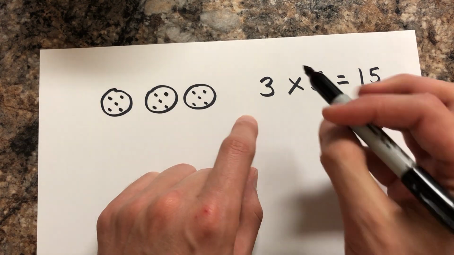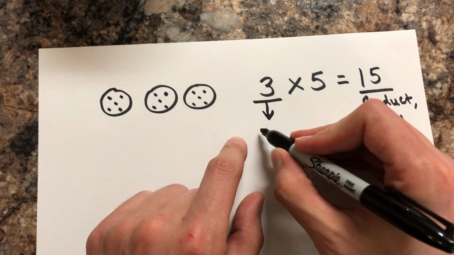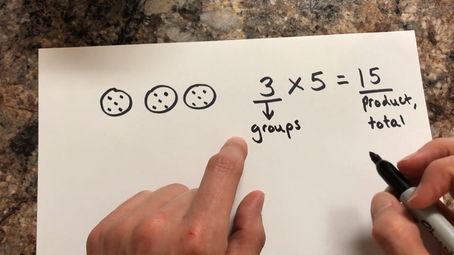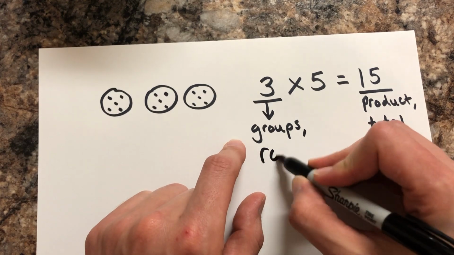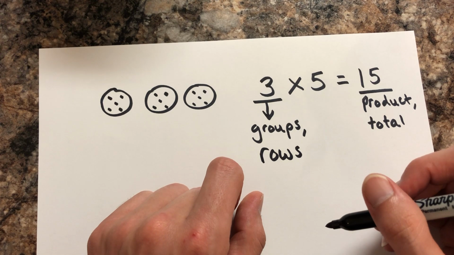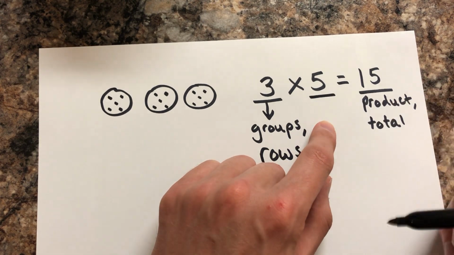And what does the 3 mean? Well, the 3 is the number of groups. And if we're talking about an array, it could be the number of rows. And then, what about the 5?